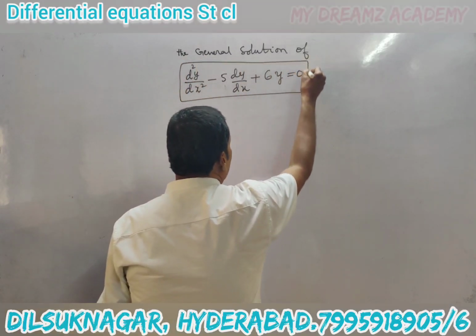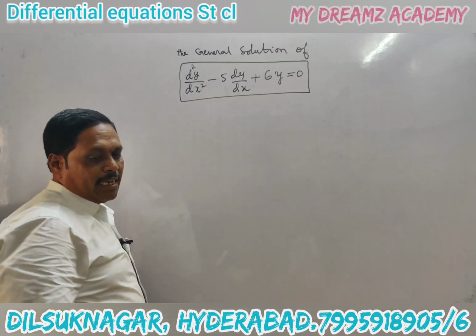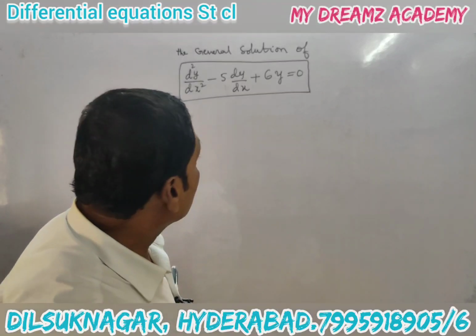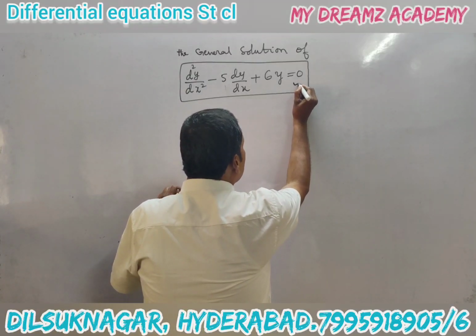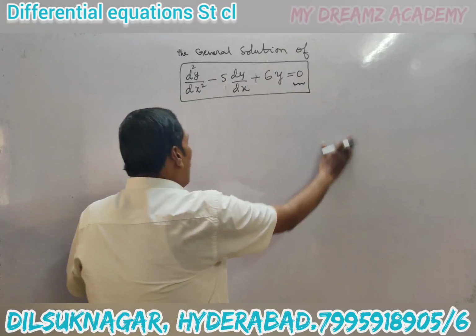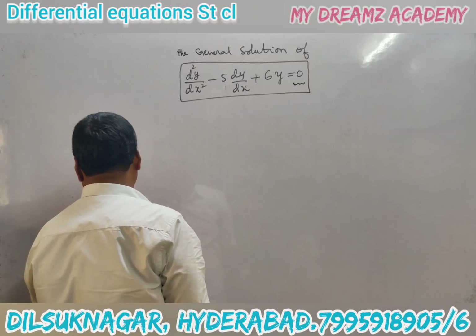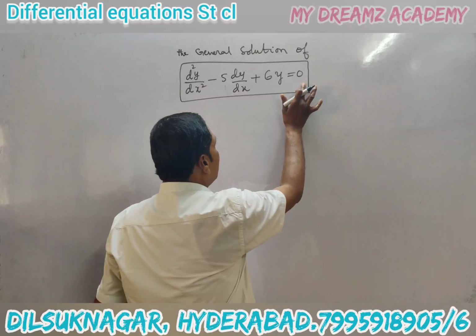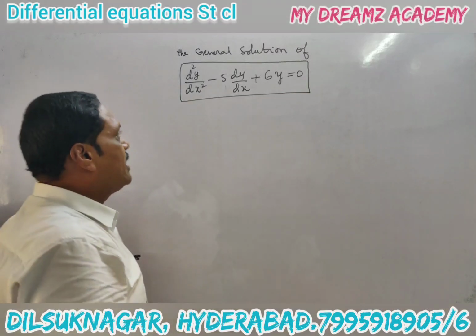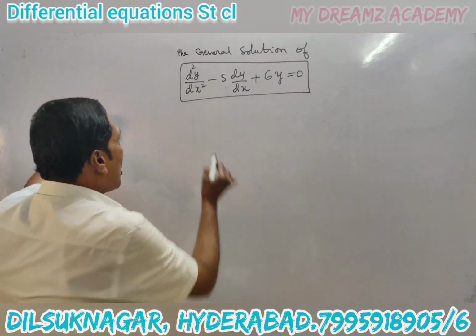This is the given second order homogeneous equation. How to observe? Here the constant must be 0. If the constant is some function, that is a non-homogeneous differential equation. But if the constant is 0, that is RHS is 0, then it is a homogeneous differential equation. Order is 2. Operator form.